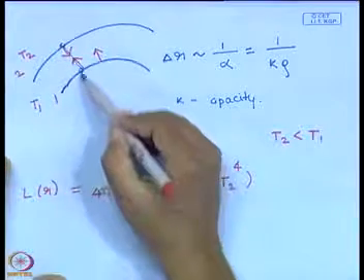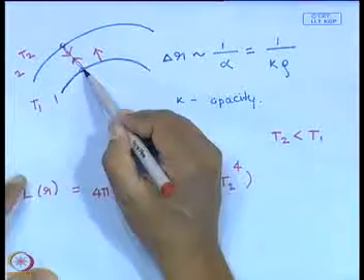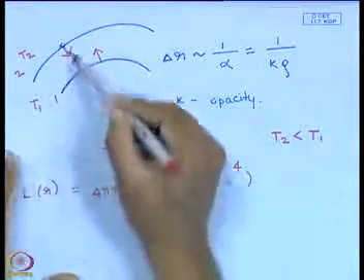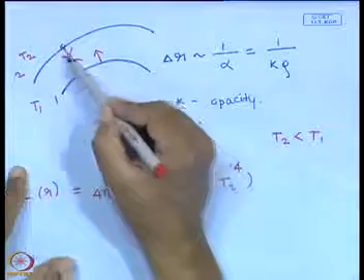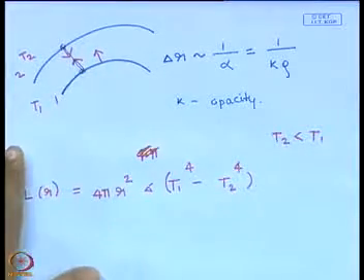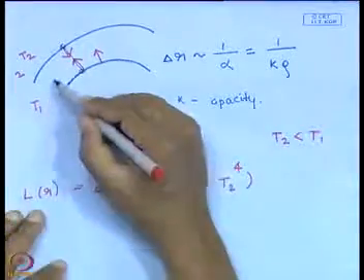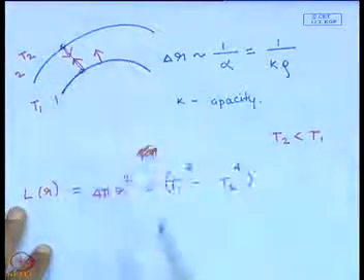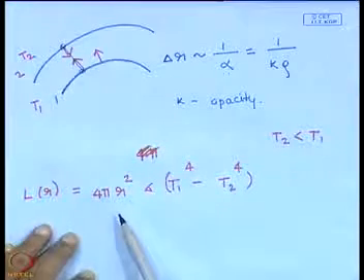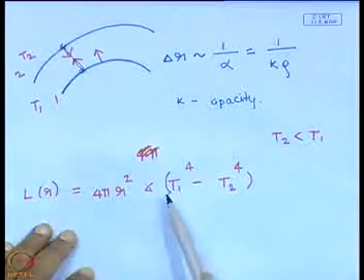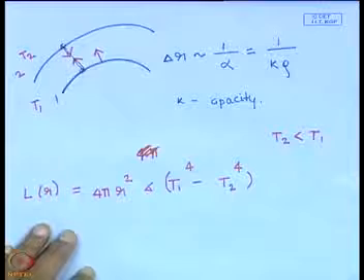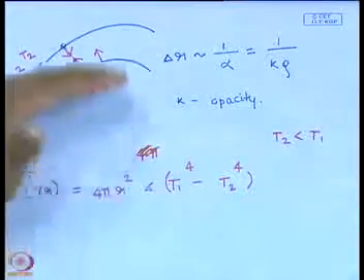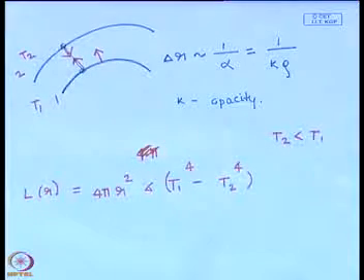So, the photon which leaves from here propagates only this distance typically and then gets absorbed again. The photon that leaves from here propagates this distance and then gets absorbed again. And the net luminosity over here is the difference in flux times the area, which is 4 pi r square into sigma, the Stefan-Boltzmann constant, times T1 to the power 4 minus T2 to the power 4, and T1 is greater than T2. So, this is an estimate of the net luminosity at any point.